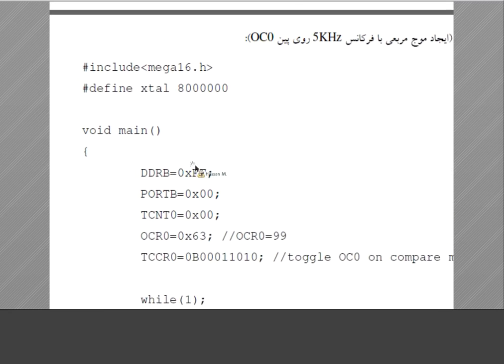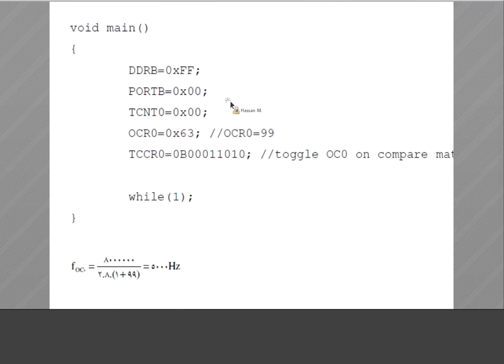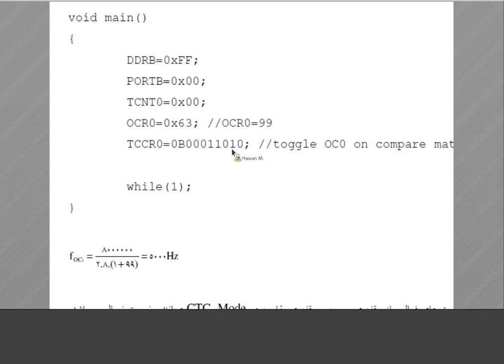The clock is 8 megahertz, so divided by 8 means 1 megahertz, so each time interval is 1 microsecond. In CTC mode, counting from 0 to 99 means 100 microseconds.